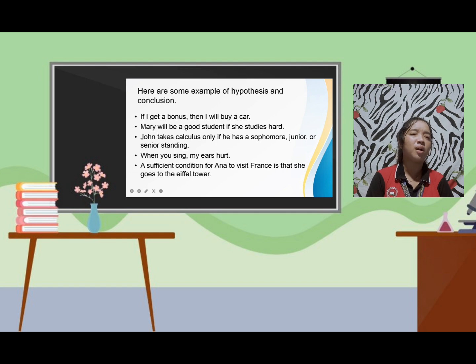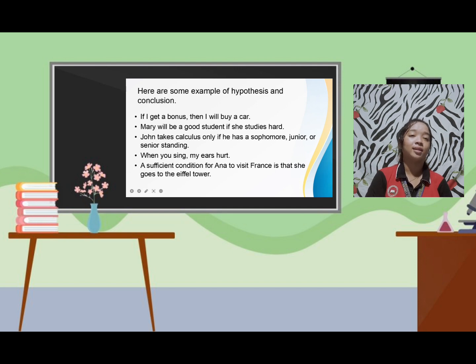What would be our hypothesis? Our hypothesis would be John takes calculus. Then our conclusion will be John has a sophomore, junior, or senior standing.